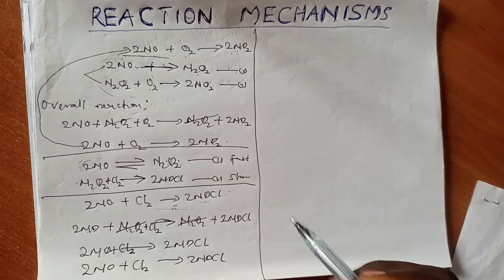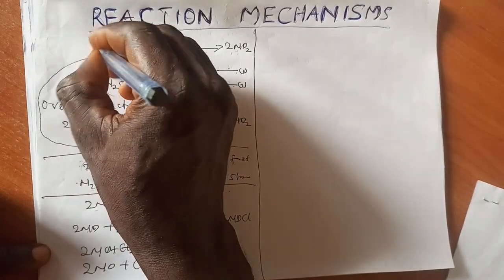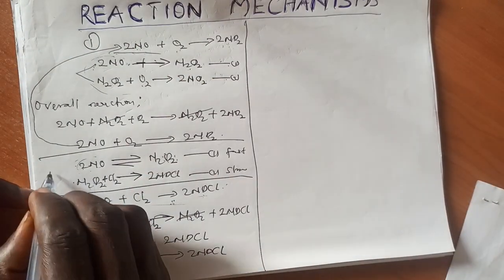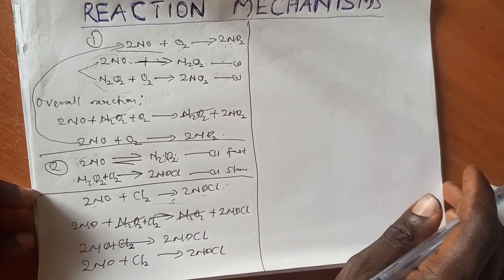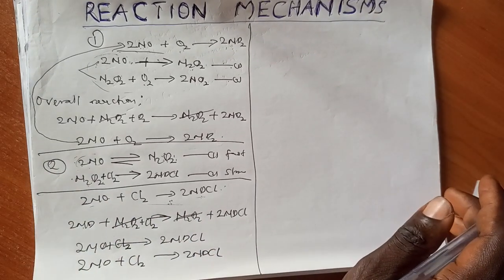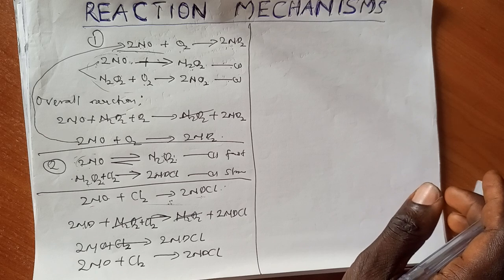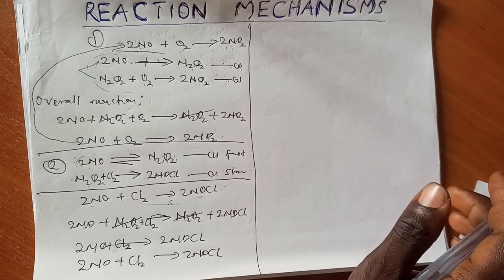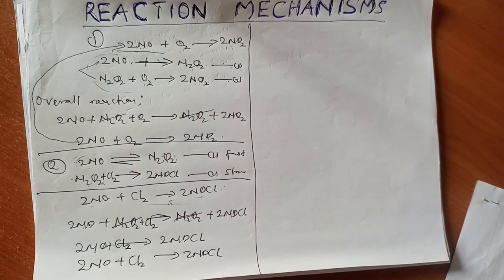Okay, so with these two examples, example 1 and this one as example 2, I want to quickly identify some terminology used in reaction mechanism, which I will also be explaining. Terminologies like how to explain reaction mechanism, which I have done.